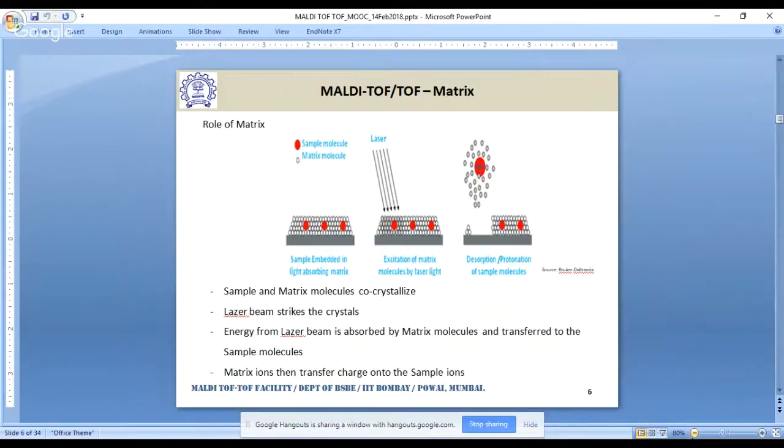In this particular technology, the matrix is of primary importance. There are different types of matrices which are used as per the requirement of the sample.